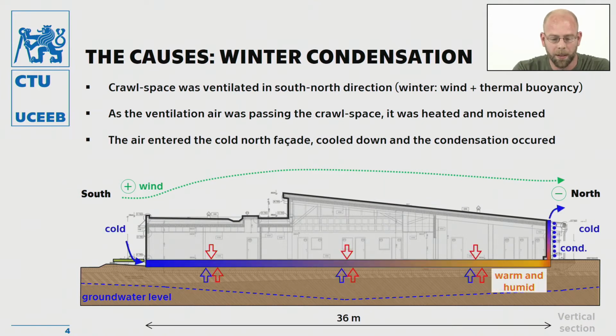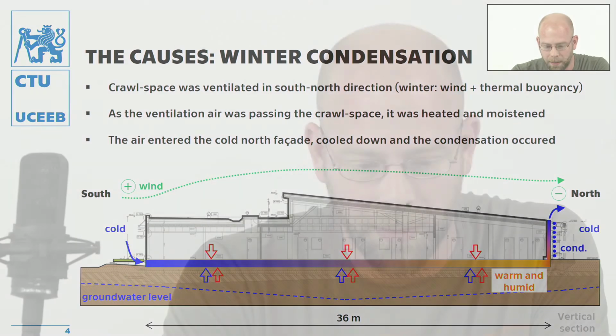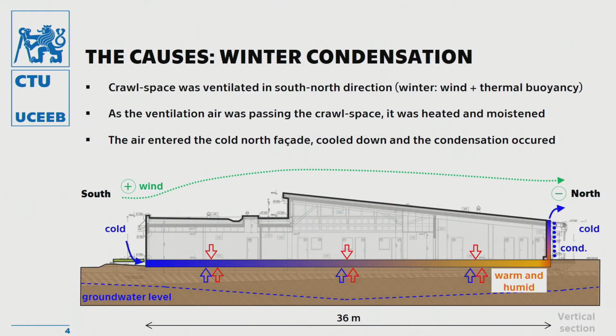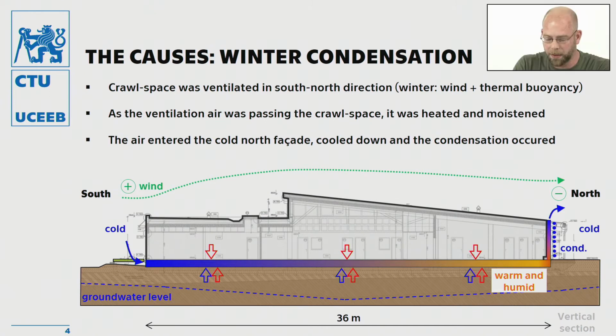We can imagine that when the cold winter air entered the crawl space at the south and was passing through it, it was heated and also humidified, dominantly from the moist ground, which is an almost infinite moisture source. And when such humid and warm air entered the connected north facade, it was immediately cooled down and condensation occurred. That was the result we could see on the previous slide.